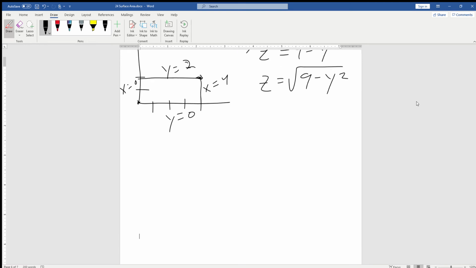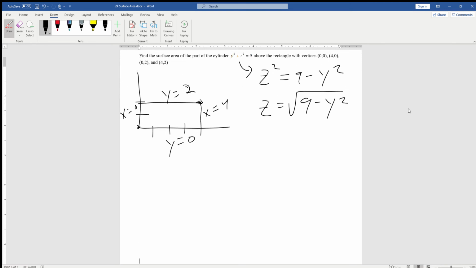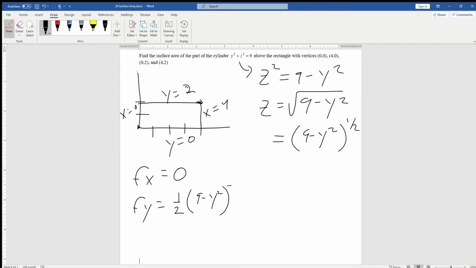To be able to find the surface area, we have to find the partials of each of those. So f sub x, because the function has absolutely no x's in it, just goes to 0. Another way to write z is (9 minus y squared) to the 1/2. So f sub y can be written as 1/2 (9 minus y squared) to the minus 1/2.